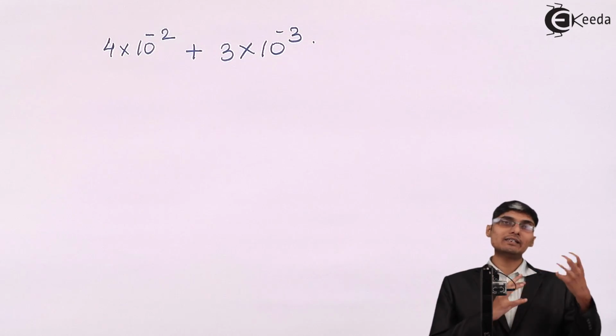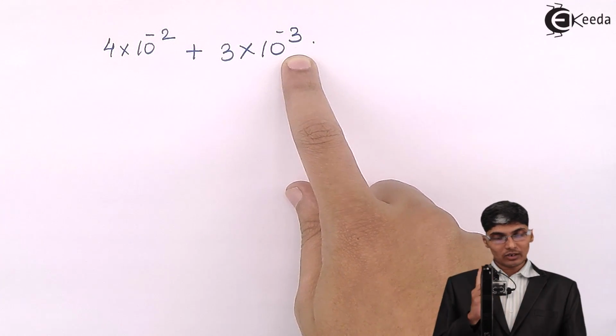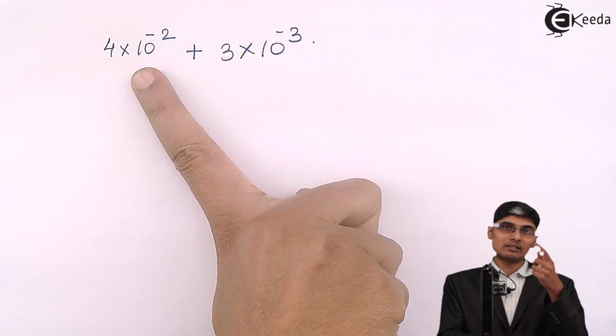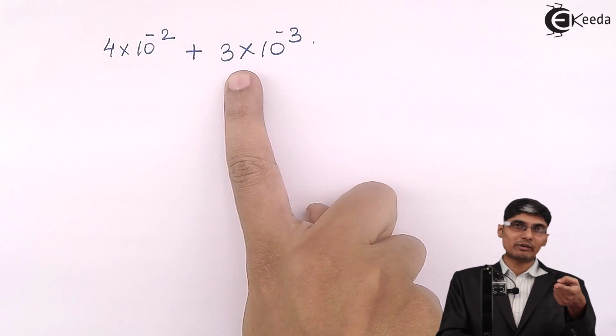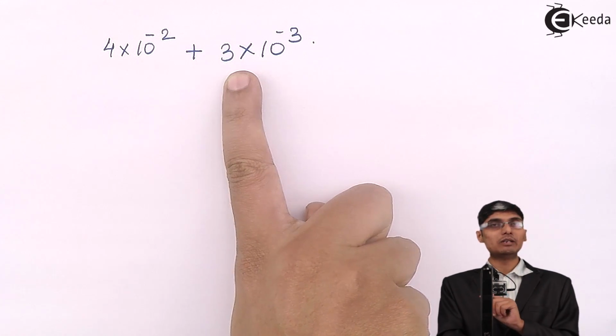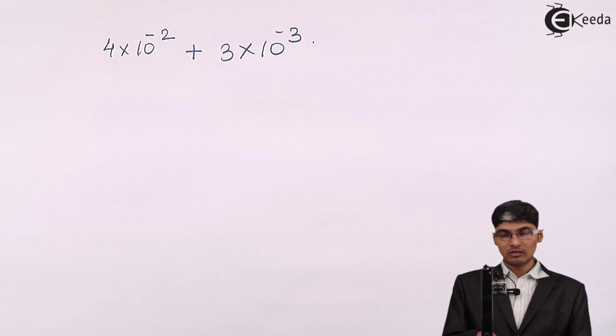Once you make the characteristics the same, then you can add the mantissa. As you can see here, 3 into 10 raised to minus 3 is a smaller number compared to 4 into 10 raised to minus 2. So I changed the smaller number. In the same way, you have to change the characteristic of the smaller number.